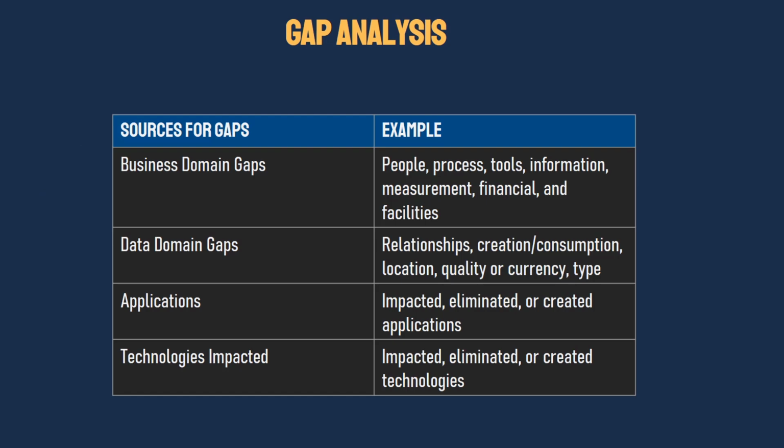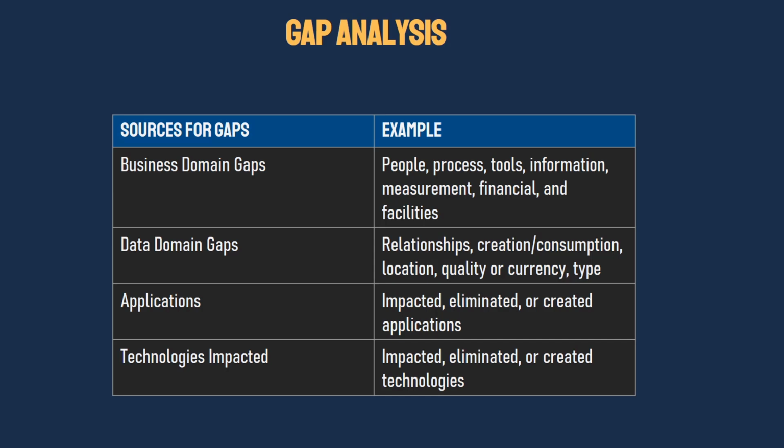Business domain gaps can exist within people, processes, tools, information, measurement, financial system, and facilities. Data domain gaps can be all about the relationship, the creation or consumption of data, the location of that data, the level of quality or currency, or even type of data.